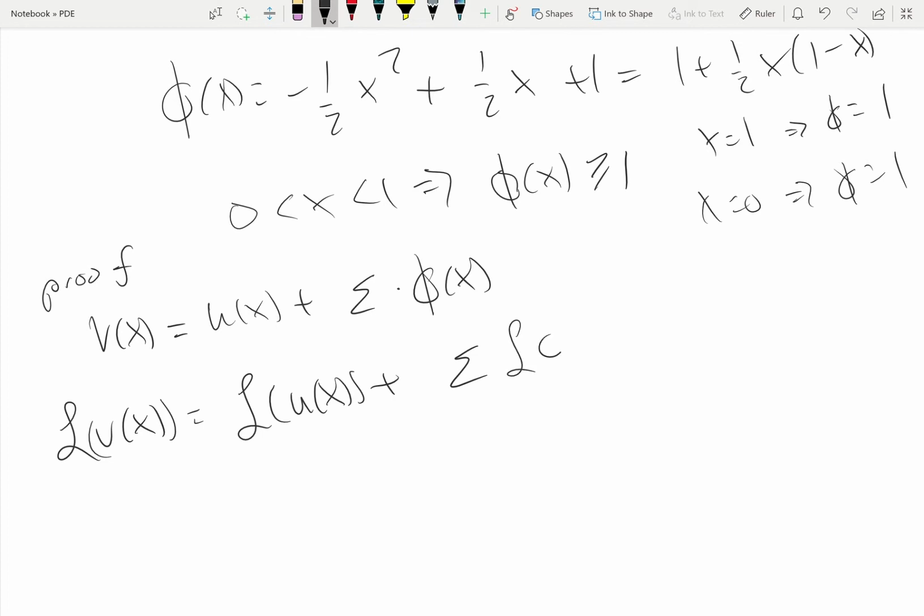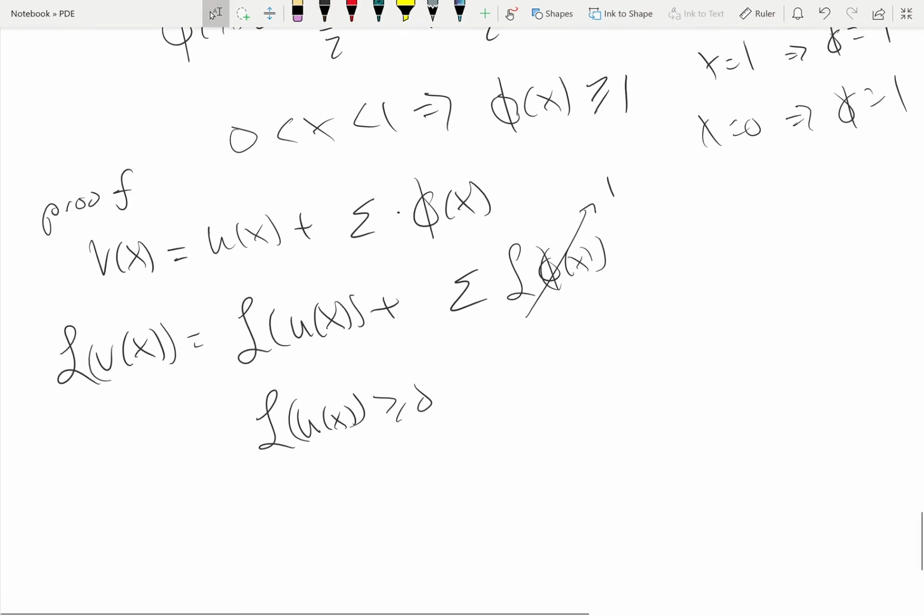We could write it as this, but that part just goes to 1. Okay. So, we just proved that L of u of x is bigger than or equal to 0, right? Which implies that u of x is bigger than or equal to 0. Okay.